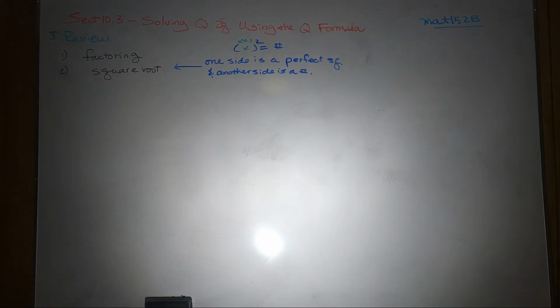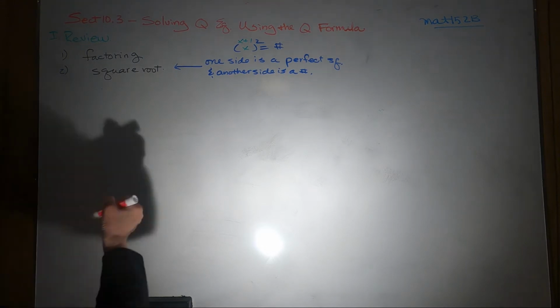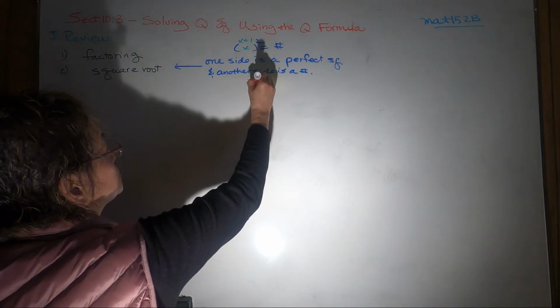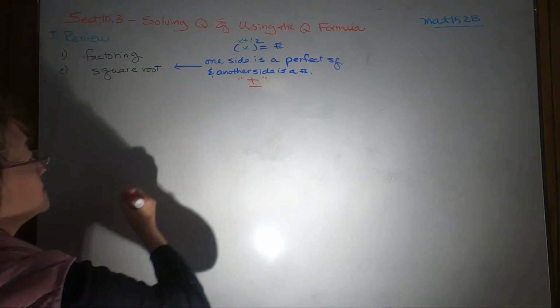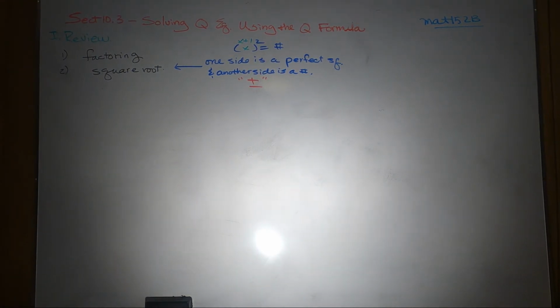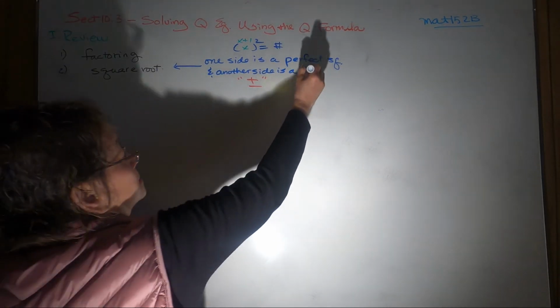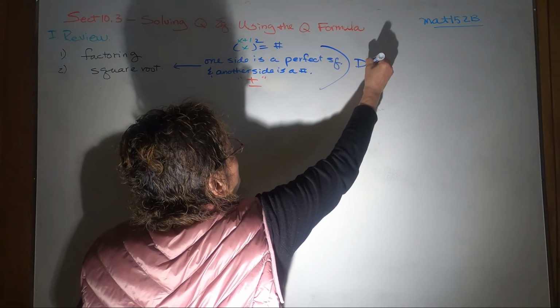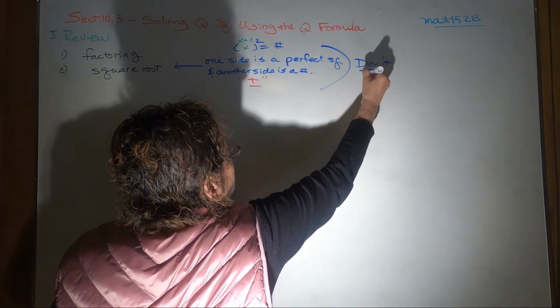Remember, when you use the square root property, you use the plus and minus sign, because both will work. So these two methods are easy, but they don't always work.